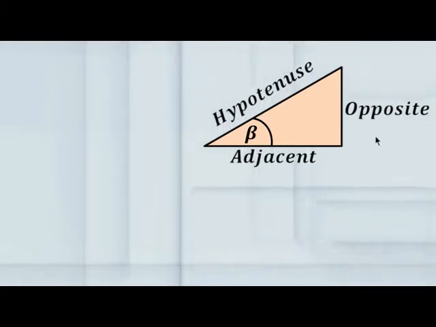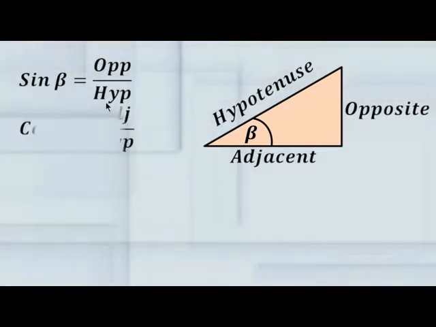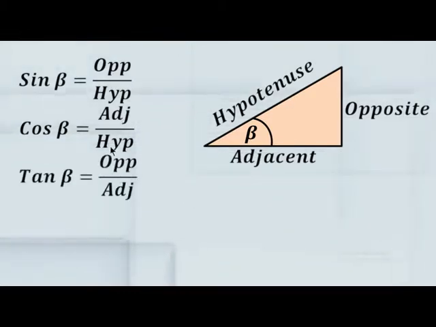By this triangle, sine beta equals opposite per hypotenuse, cosine beta equals adjacent per hypotenuse, and tangent beta equals opposite per adjacent. This is trigonometry for right angle triangle.